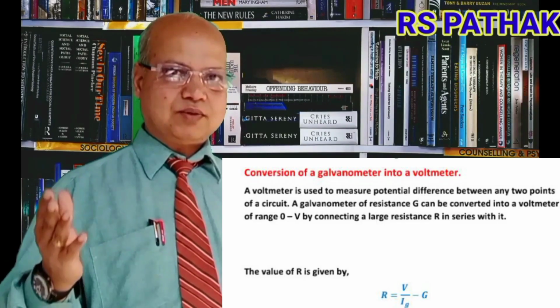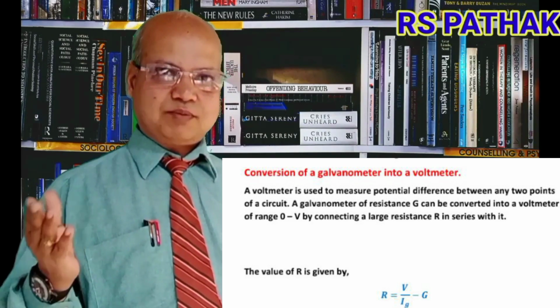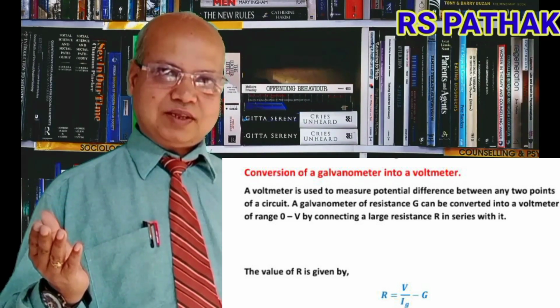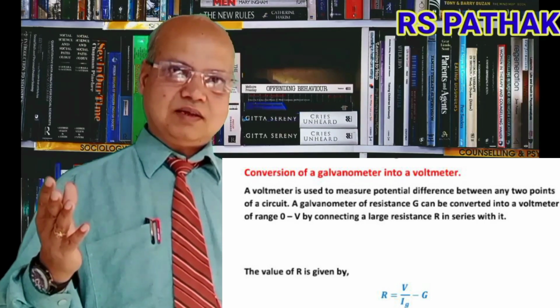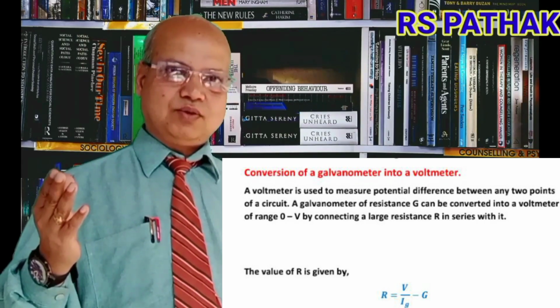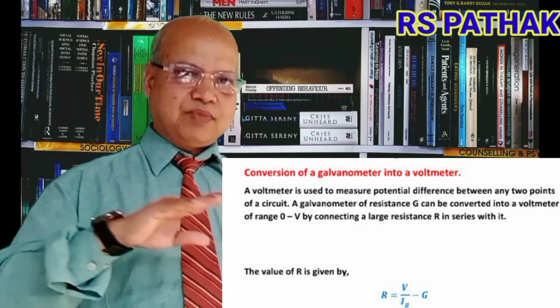Now, conversion of a galvanometer into voltmeter. A voltmeter is used to measure the potential difference between any two points of a circuit.